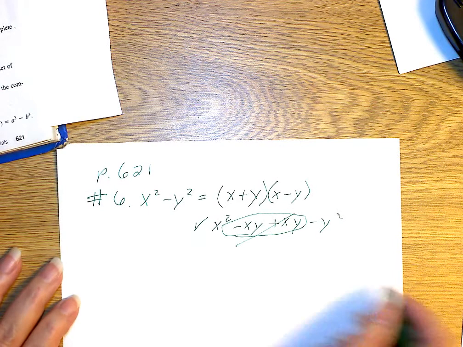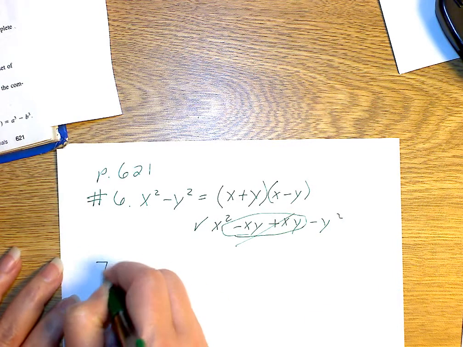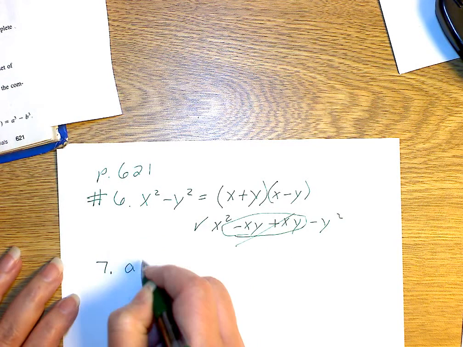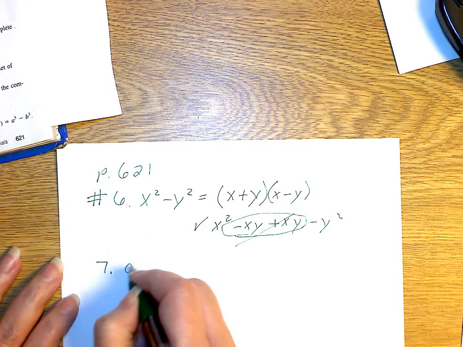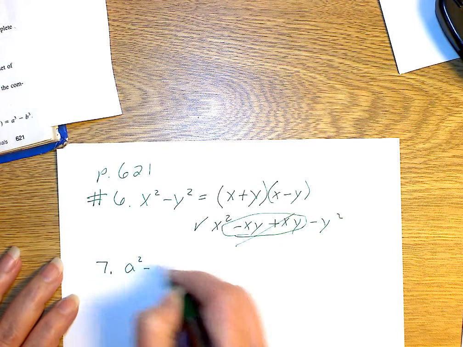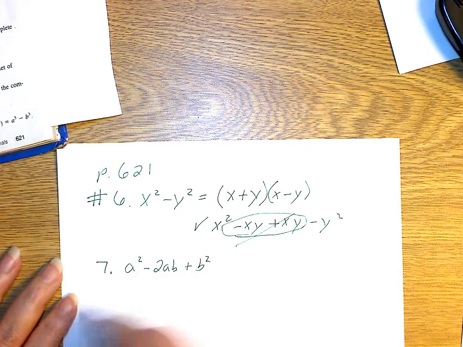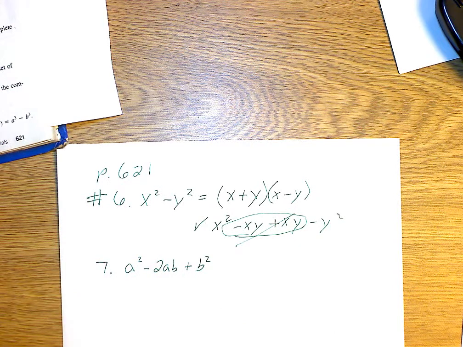I want you to look at number 7, and 7 says you have a squared minus 2ab plus b squared. Which one does that look like? It looks like the perfect square.